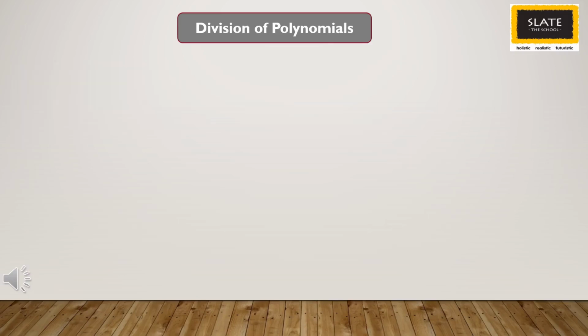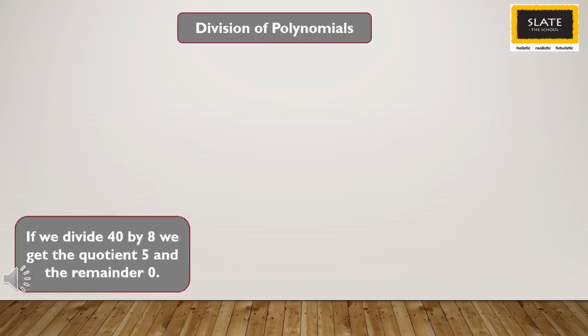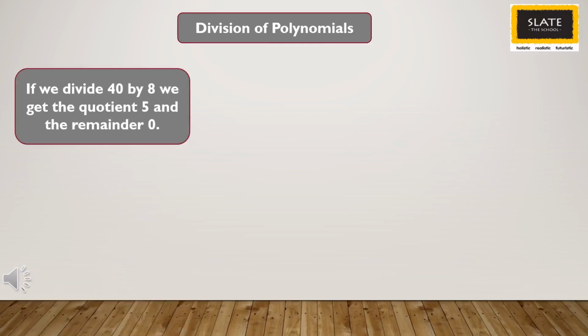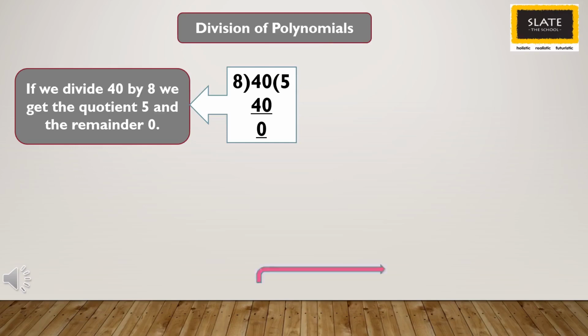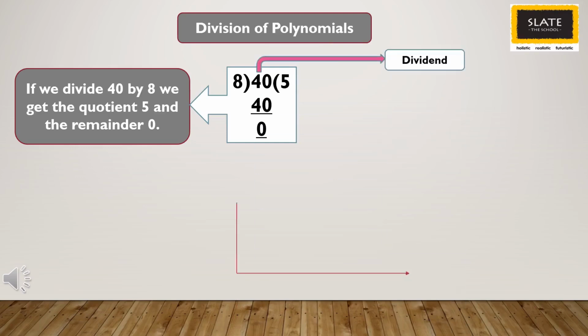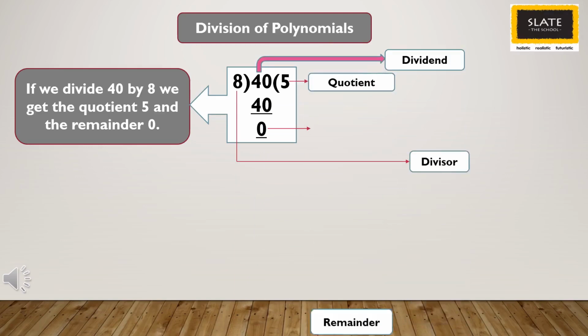Consider another example. Let us take a number 40 divided by 8. 8 into 5 is 40. 40 minus 40 is 0. Here 40 is dividend, 8 is divisor, 5 is quotient and 0 is remainder.